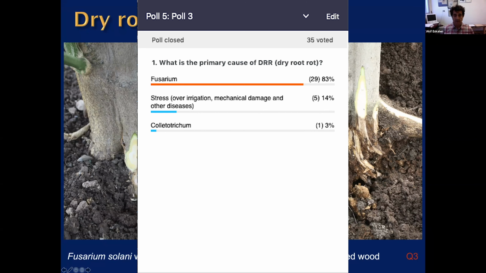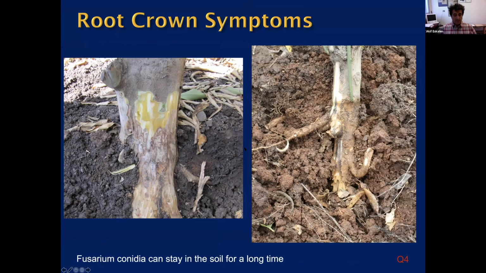Okay, all right. As we said, the Fusarium species are all over the soil, contaminated. They are present. They are just waiting for the right conditions to come so that they can colonize the plants. So they are soil-borne. They can stay in the soil for a long time. They figured out during evolution how to survive in the soil.